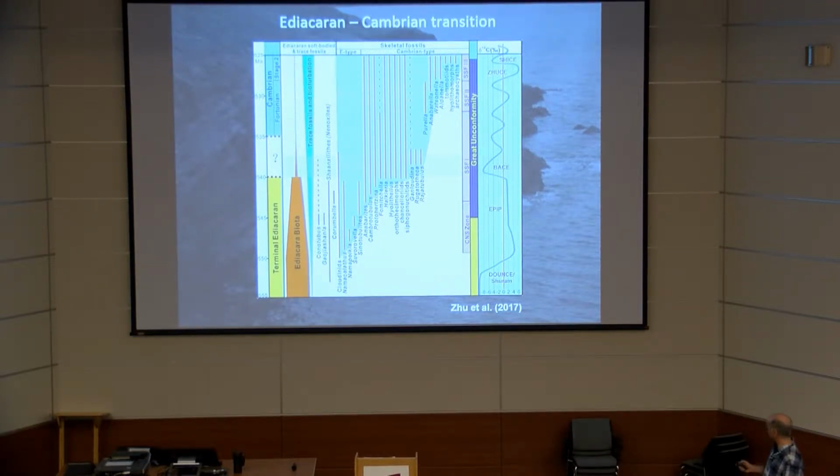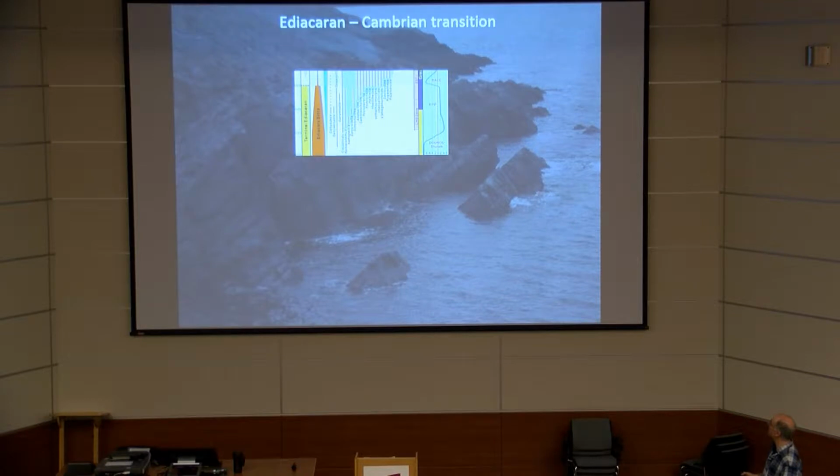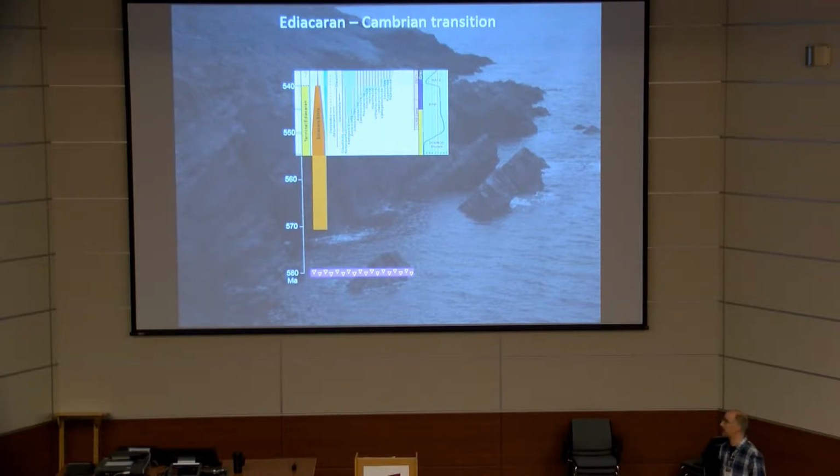To put my talk in better context, what I'm going to be talking about is about a 40 million year time period that starts from the Gaskiers glaciation here in Newfoundland, and then the first appearance of Ediacaran biota. After that, the Shuram excursion, and ending at the Ediacaran-Cambrian boundary.